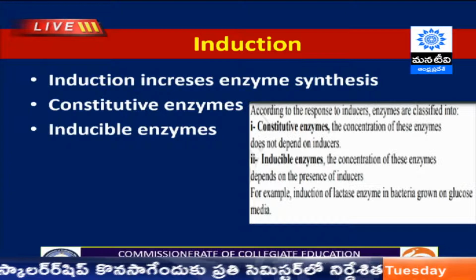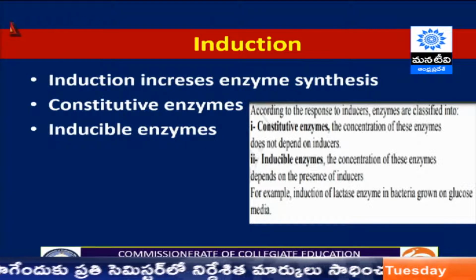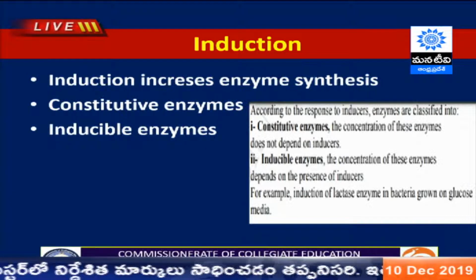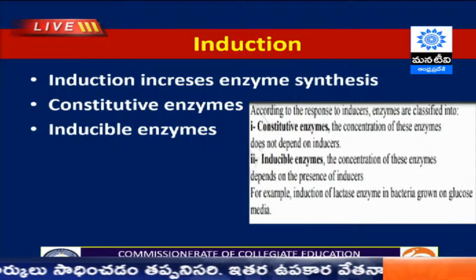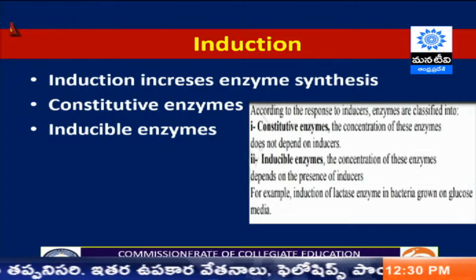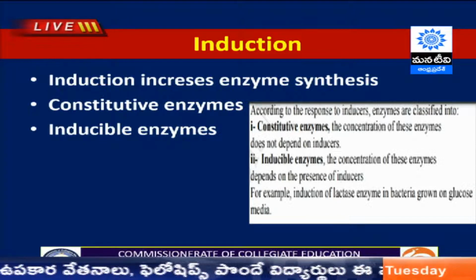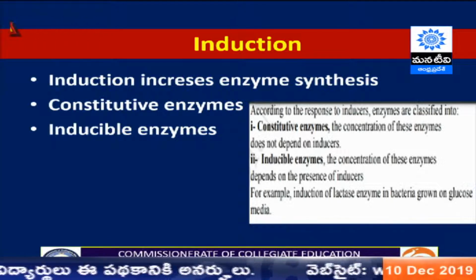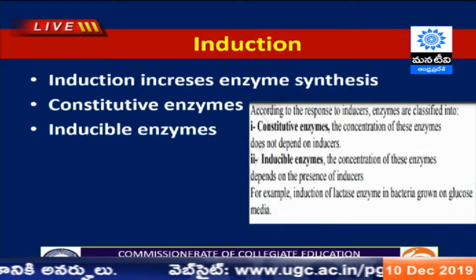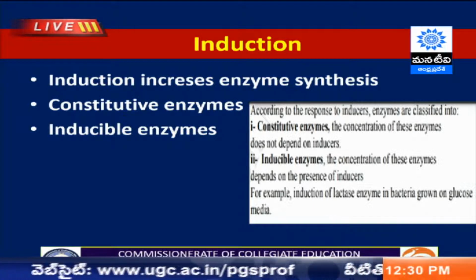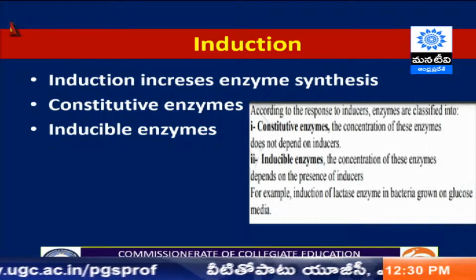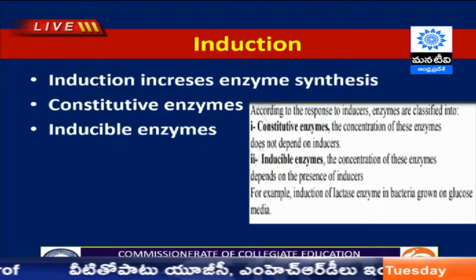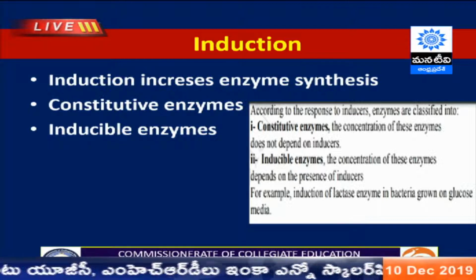One more methodology is the induction process. Induction is the process in which there is an increase in the enzyme quantity. The substances which increase the enzyme quantity are called inducers. Based upon the response to the inducers, there are two types of enzymes called constitutive enzymes and inducible enzymes.